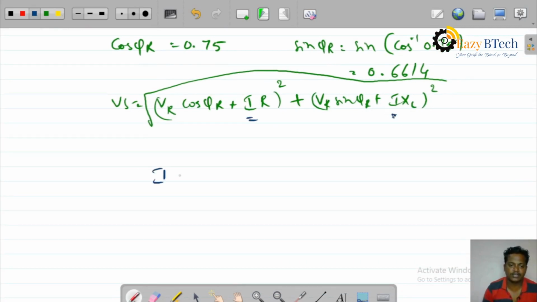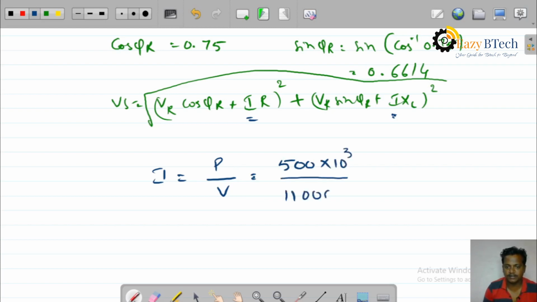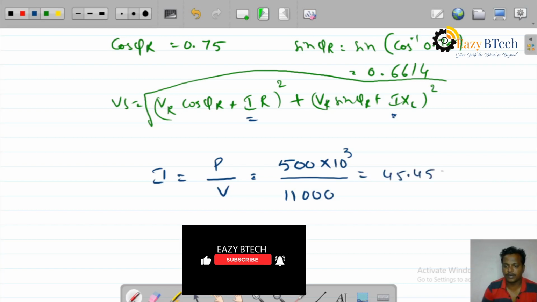We know the formula I equals P by V for single phase. It is 500 kVA divided by V, which is 11 kV. We get the current I equals 45.45 ampere.